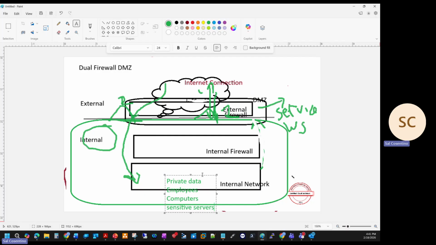Your internal data: you have your first gate, then you have your second gate. Again, this setup gives you high assurance segmentation, right? You're segmenting the two areas, your internal and external gates. Even if someone gets past that gate, the second gate is going to protect us, especially our sensitive computers.